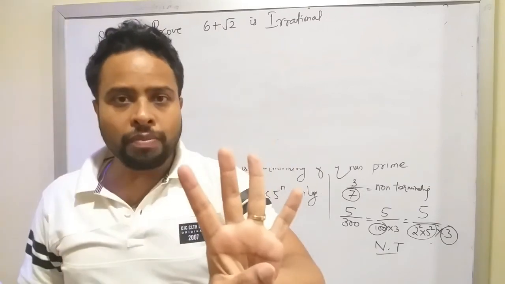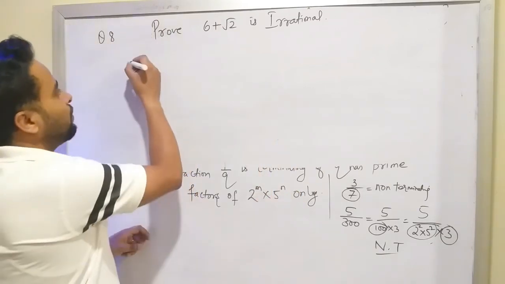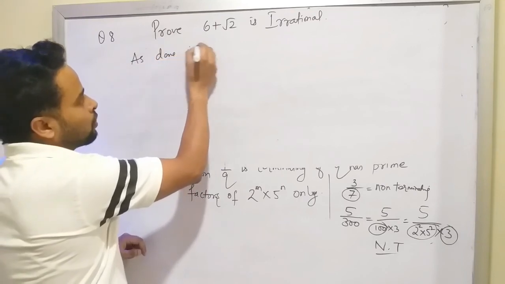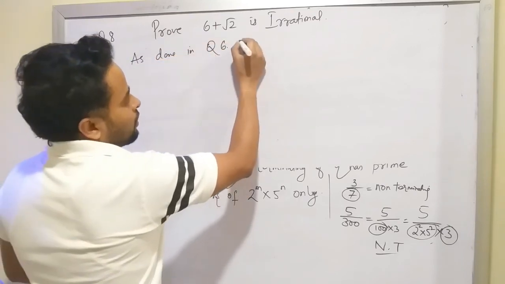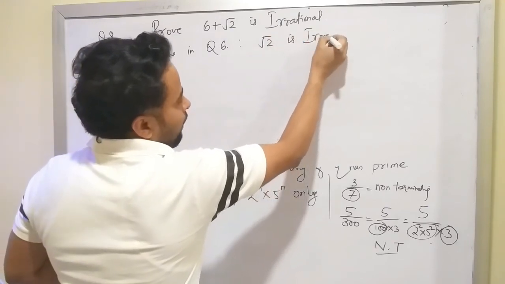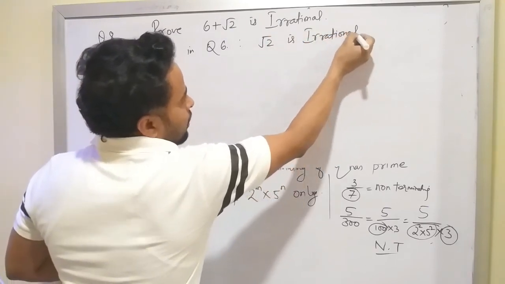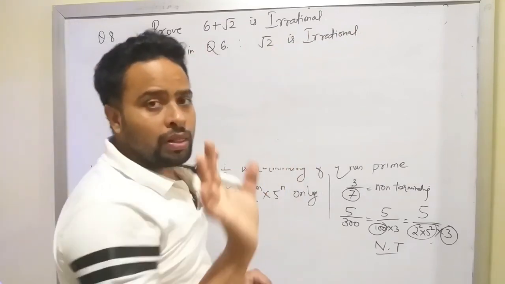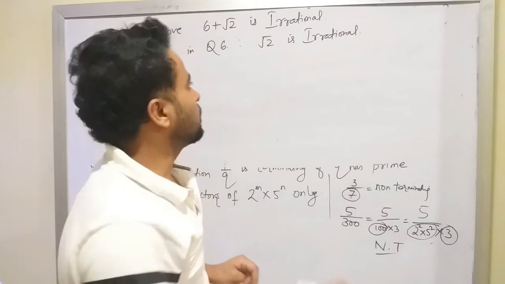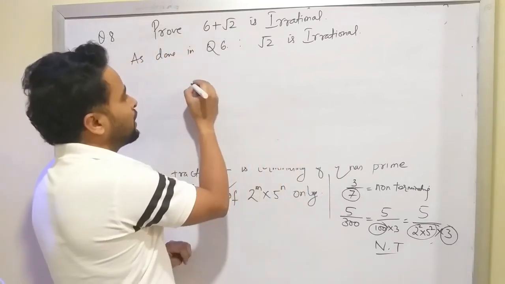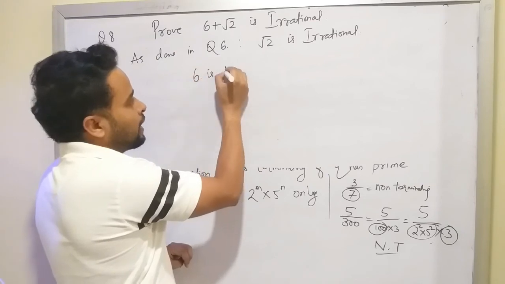If it comes for 4 marks, then as done in question number 6, root 2 is irrational. So you have to write all that answer if it comes for 4 marks. First you prove root 2 is irrational. So we can even say 6 is rational.